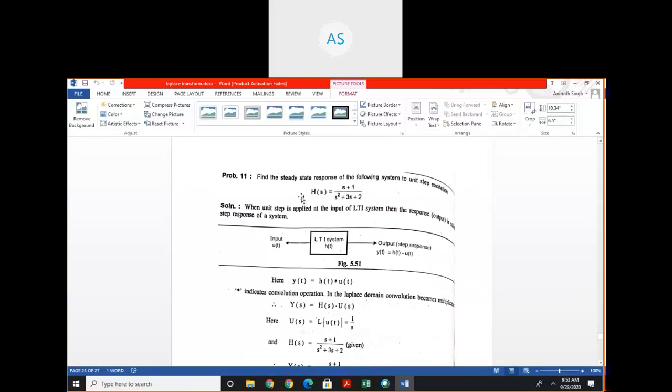Then we write y of s in partial fraction form and calculate the values of a1 and a2. The value of a1 is 1 and the value of a2 is minus 1. So y of s is given by this.